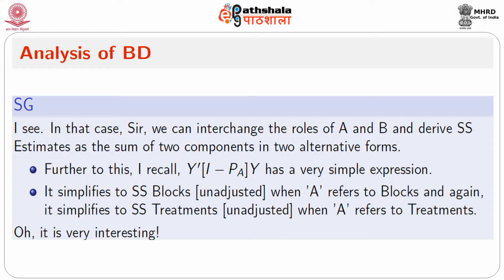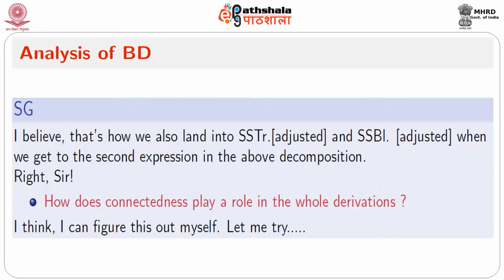It simplifies to the sum of squares of blocks unadjusted when A refers to blocks, and again it simplifies to the sum of squares of treatments unadjusted when A refers to treatments. Oh, it is very interesting, sir. Sir, I believe that's how we also land into the sum of squares of treatment adjusted and the sum of squares of block adjusted when we get to the second expression in the above decomposition, as you have said. Right, sir?